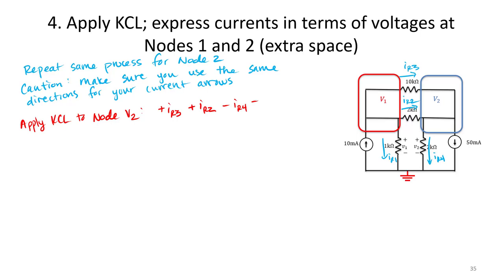And then we also have 50 milliamps leaving. So notice here I converted milliamps to amps to avoid unit conversion issues later. Once again, I just need to rewrite IR3, IR2, IR4 in terms of node voltages.